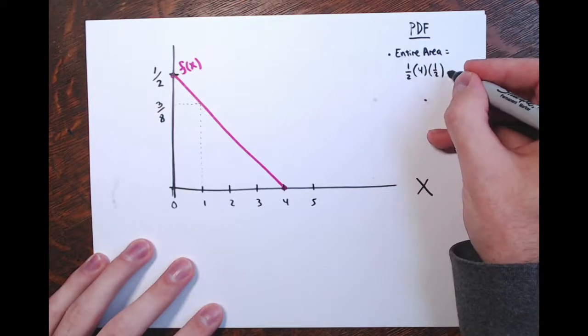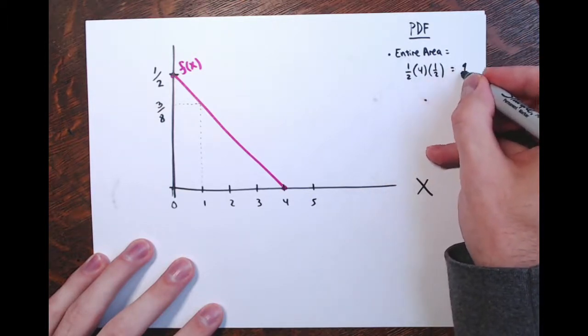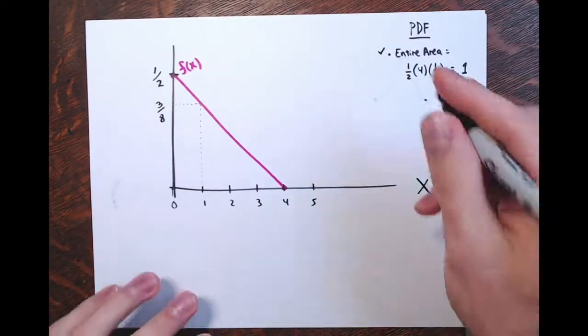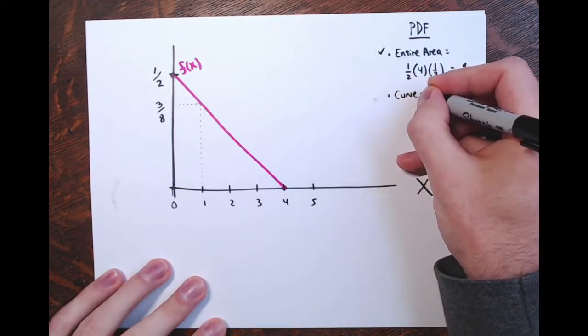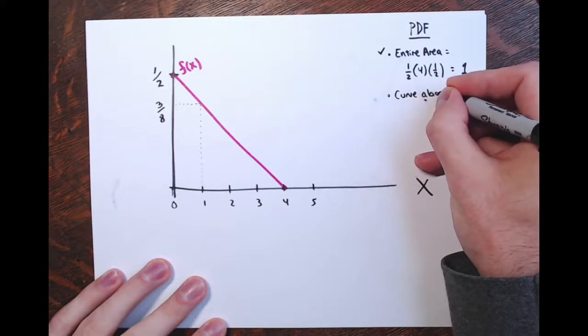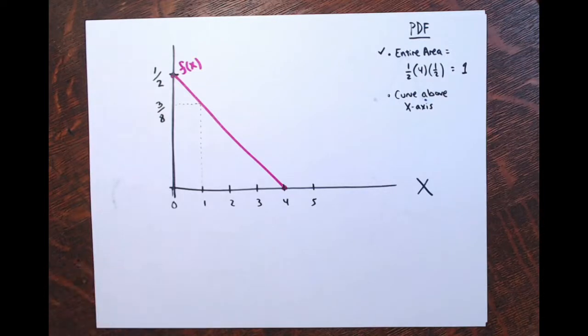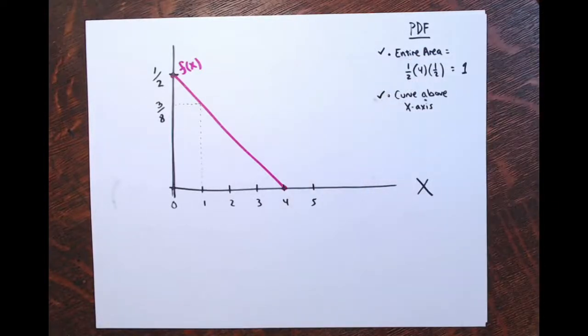Half of 4 times a half is just 2 times a half. That is 1. So good on that. The entire area under the curve should be 1. And the entire curve is on or above the horizontal axis, because if any part of the curve went below the x-axis, that would imply some sort of negative probability. And remember, probability can only be from 0 to 1.